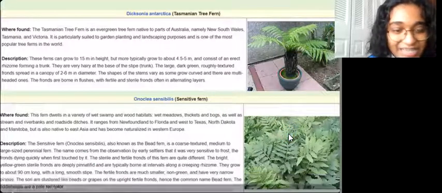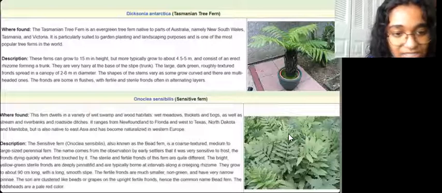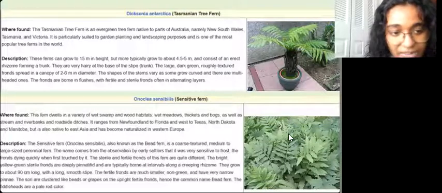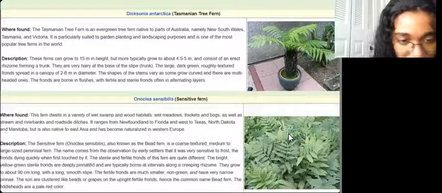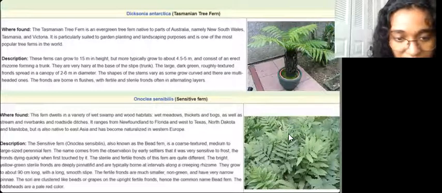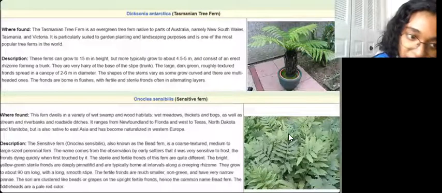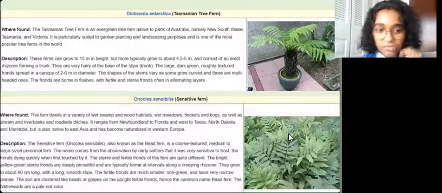That's interesting. The sterile and fertile fronds of this fern are quite different. The bright yellow-green sterile fronds are deeply pinnate and are typically borne at intervals along a creeping rhizome. They grow about 90 centimeters long with a long, smooth stipe.